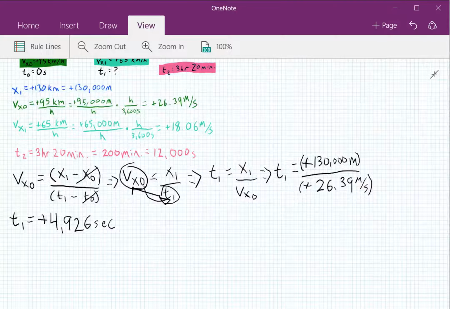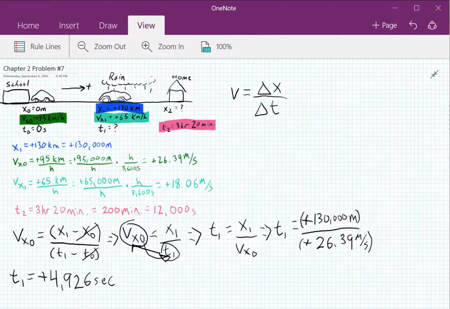So that velocity, the 26.39, is just the velocity from the car leaving the school getting to the rain. And so that velocity that we used from the school to the rain is what's used to figure out the time from the school to the rain. Okay, so now we know the time t1.